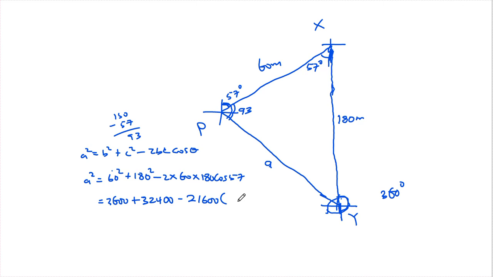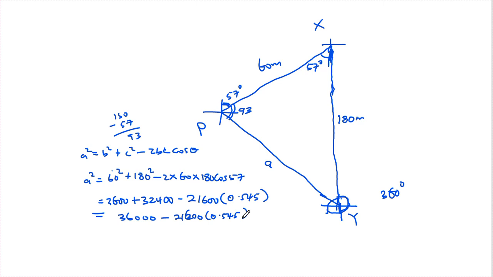So this will give us 3,600 plus 180 squared, which is 32,400. So this is 36,000 minus 2 times 60 times 180, which is 21,600, then times cos 57. Cos 57 is 0.545.